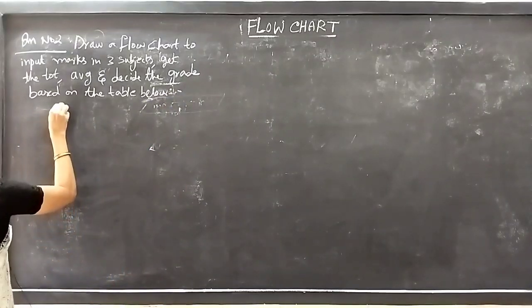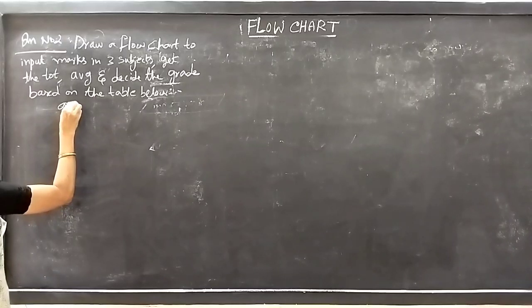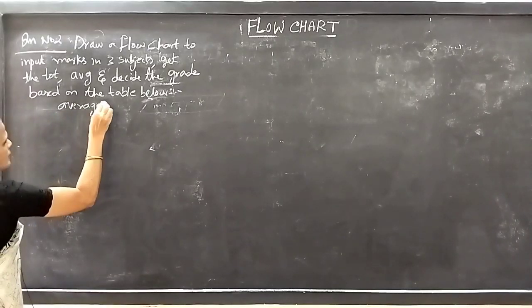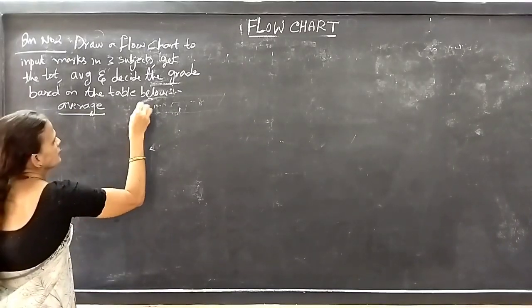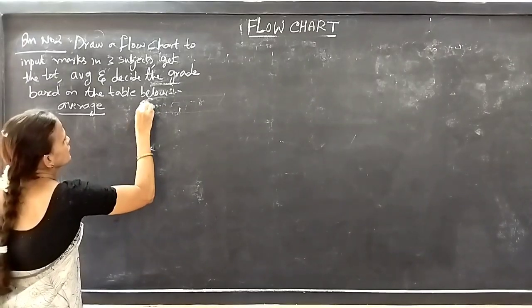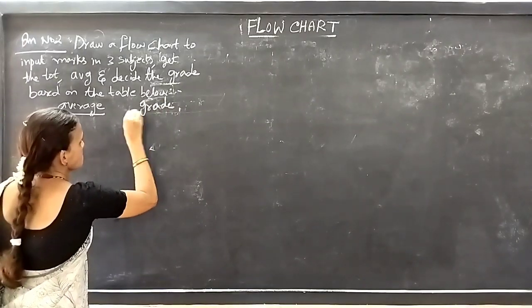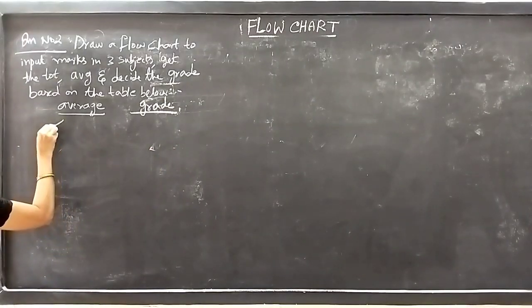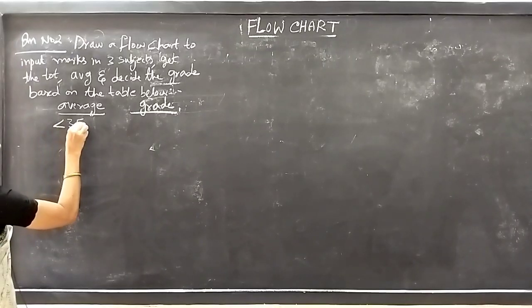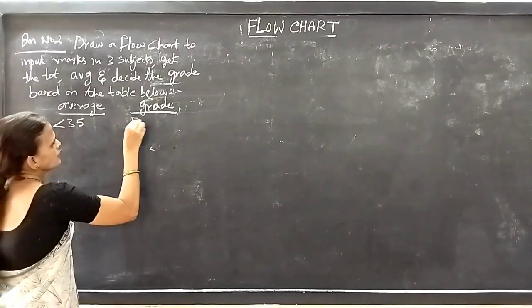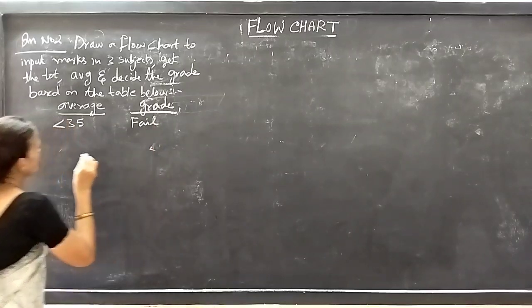The table has average and grade. For example, if our average marks is less than 35, the result will be fail.